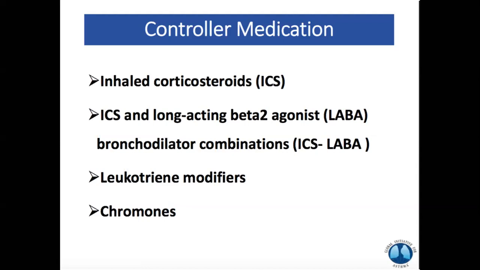In adults, suicidal tendencies are also reported. So the only option which we often use in the Indian scenario is Montelukast, and that now has an FDA warning that it causes psychiatric symptoms. So we should use it carefully. Better to go for inhaled corticosteroids.